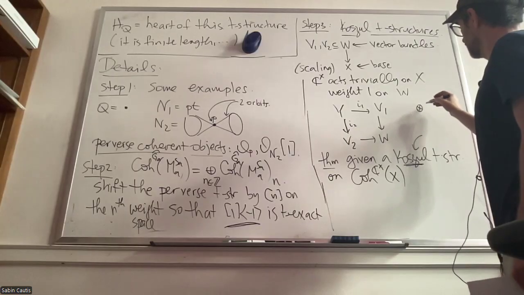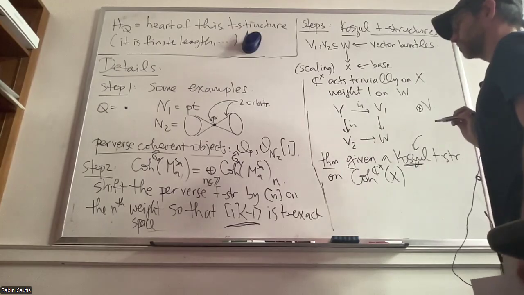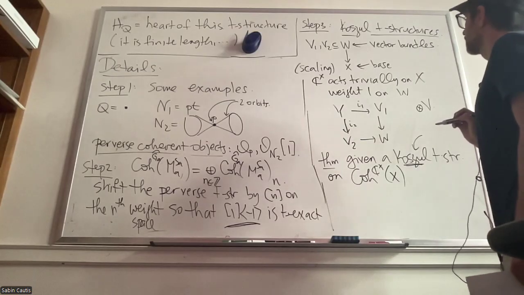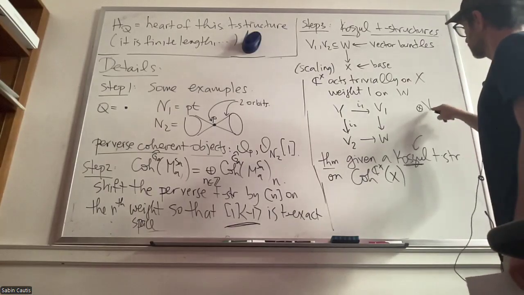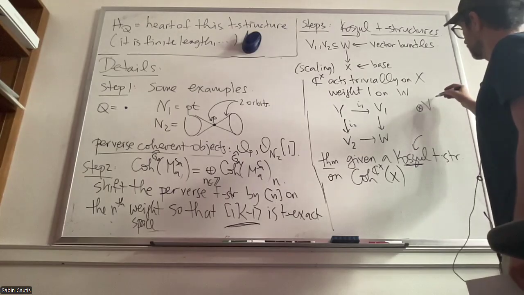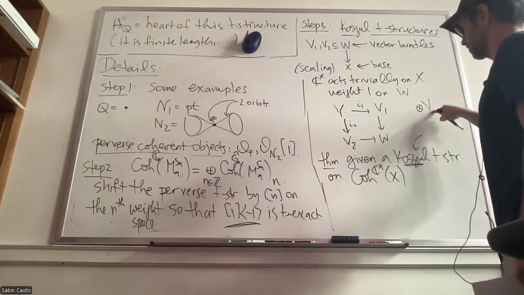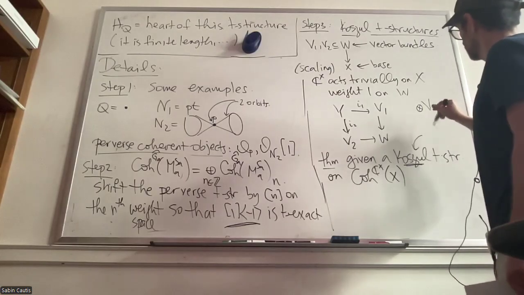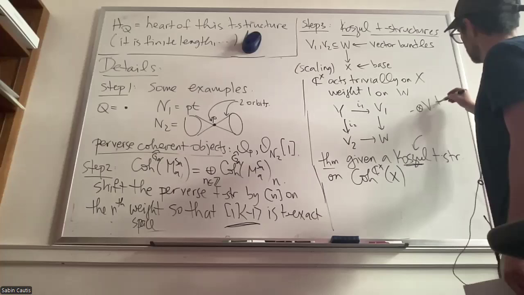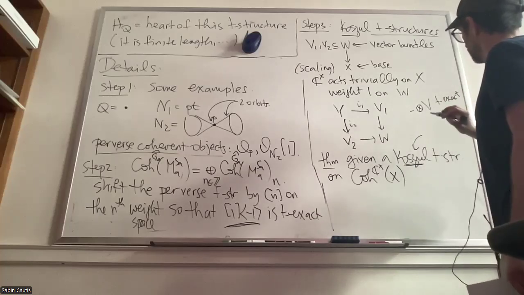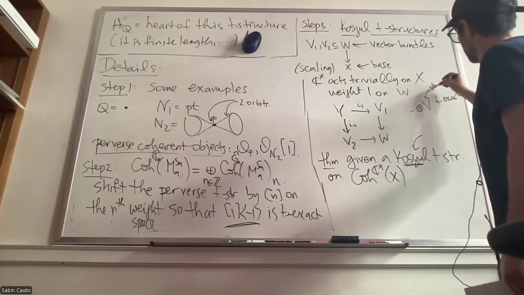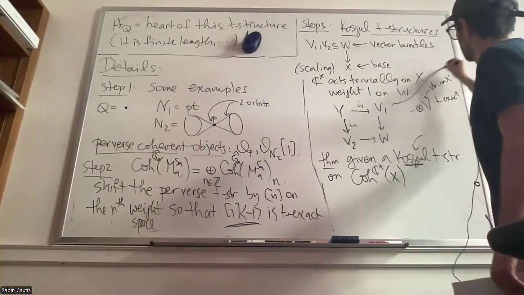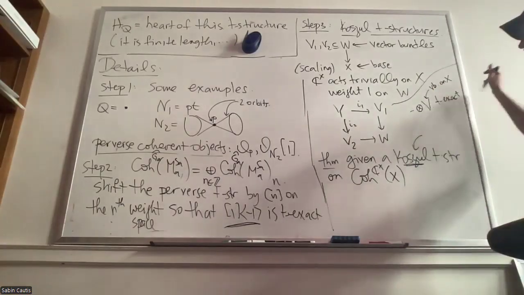tensoring by any vector bundle that has weight 0 with respect to the C star is T exact. This is a vector bundle on X. Okay, so tensoring by any vector bundle is T exact.